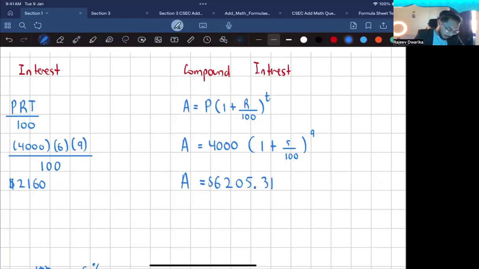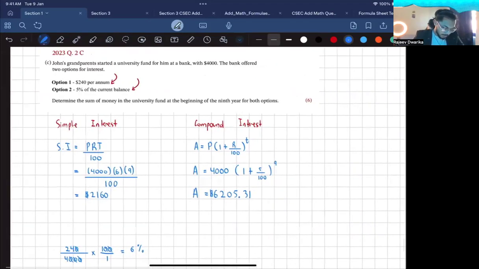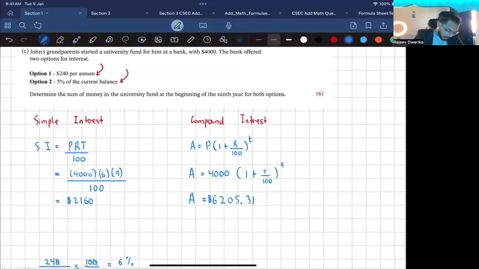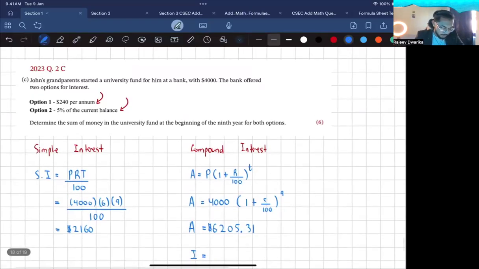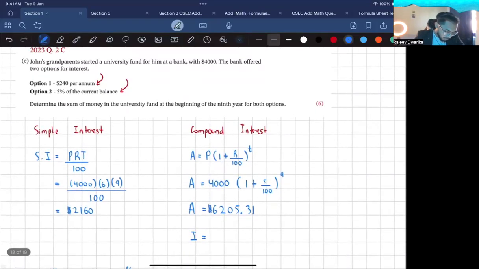And that is the total amount of money that was accumulated. So if I wanted to actually find the interest, how would I find the interest? You minus it from your 4,000. Yeah.